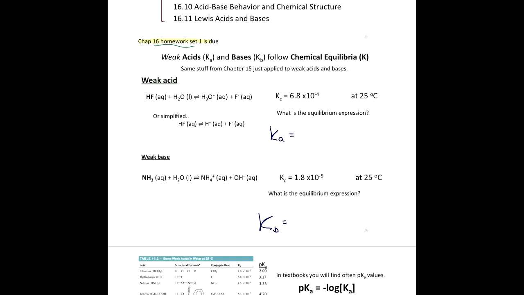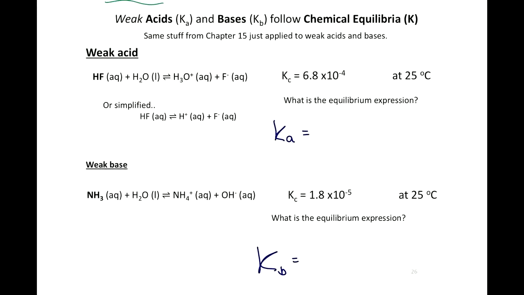So, okay. Let's remind ourselves what equilibrium is, right? Some reactions undergo a chemical equilibrium where the forward rate is equal to the reverse rate. And weak acids are one of them.